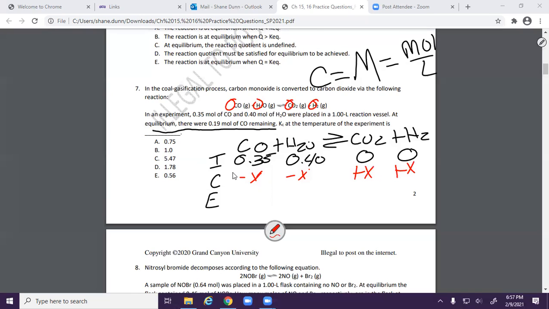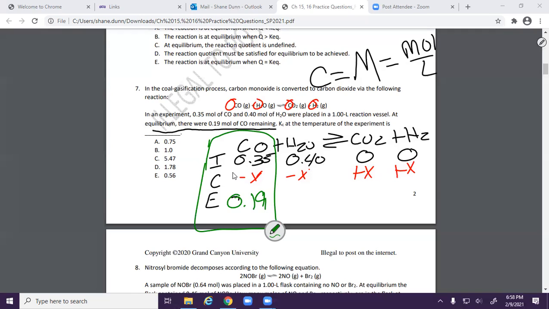Well, that's at the very end. I'm trying to show you guys how to do it step by step. So at the very end, I have 0.19 remaining. From the information in this column, you can figure out what your X value is. What's your X value?